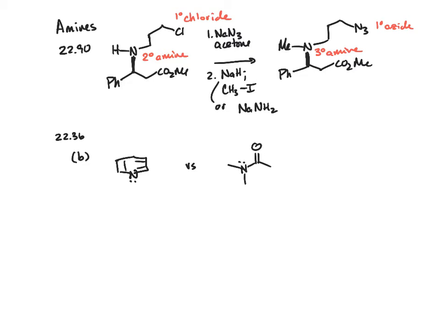Remember, I feel like I repeat myself ad nauseum when I say this: a base is something that abstracts a proton. The thing abstracting is the lone pair. So we have pyridine and dimethylacetamide.